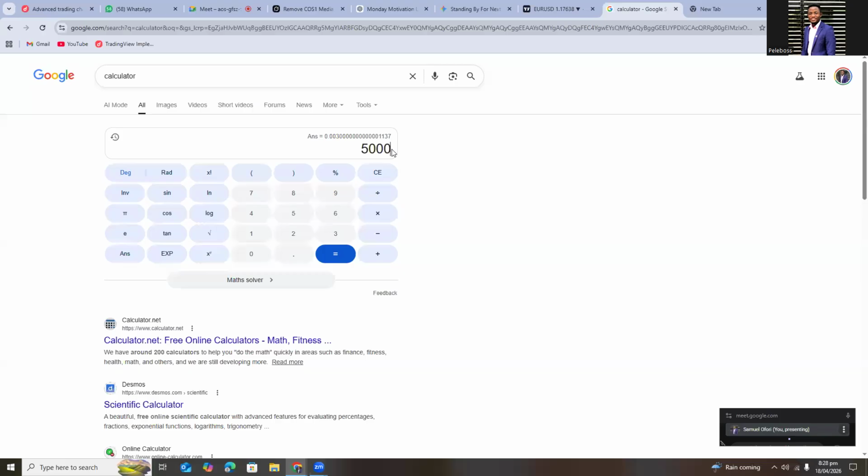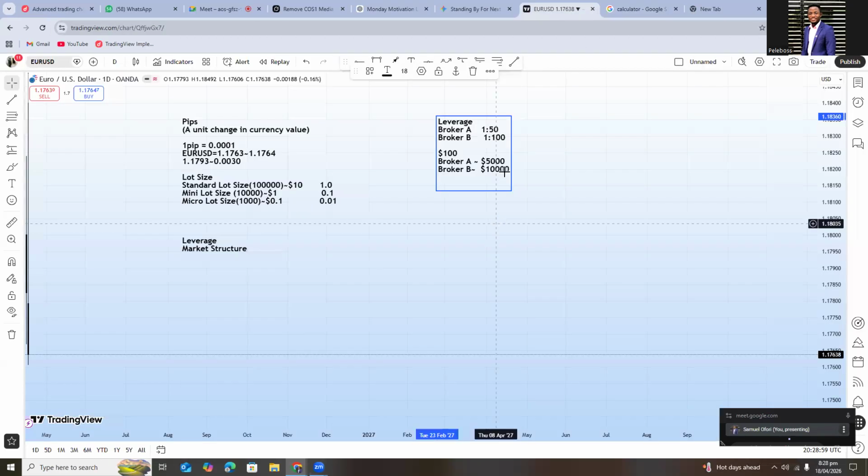So we are going to multiply that by the pip value, 0.003, and that is equal to $15. So trader A is going to make $15 based on the leverage that is given by the broker.